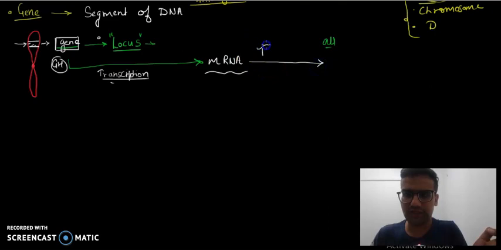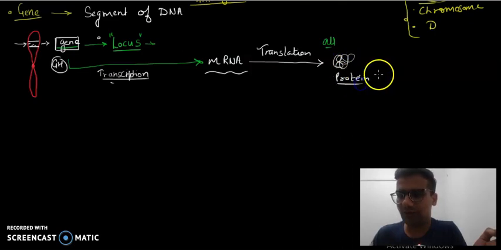This process of translation helps the mRNA to produce protein. Proteins are one of the most abundant biomolecules in our body.